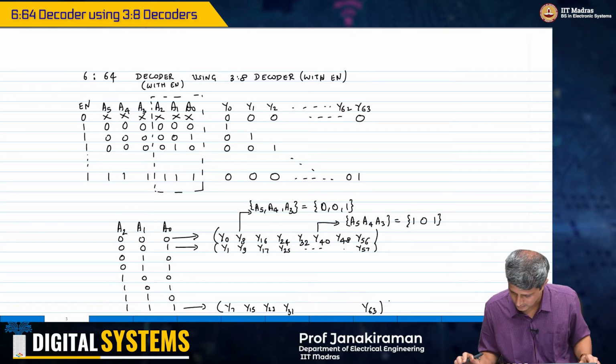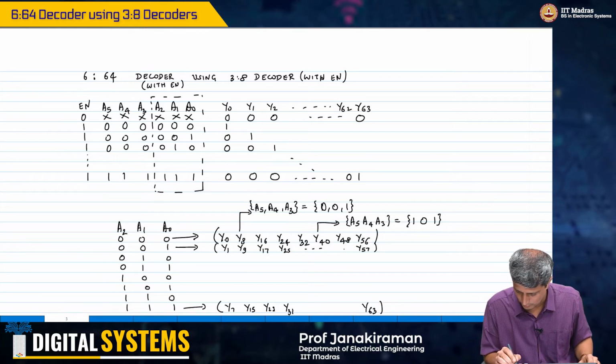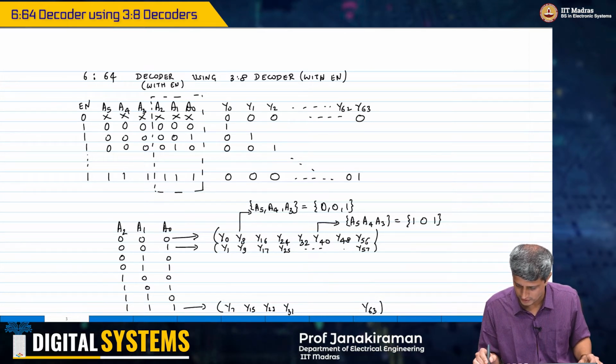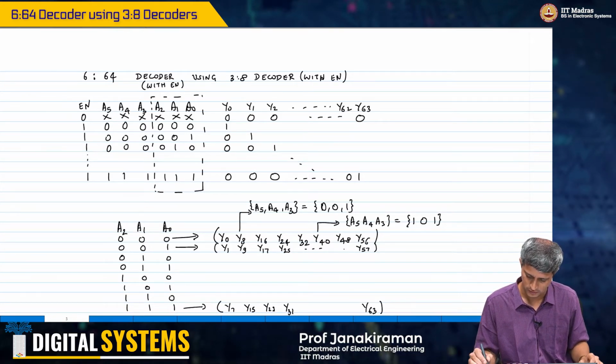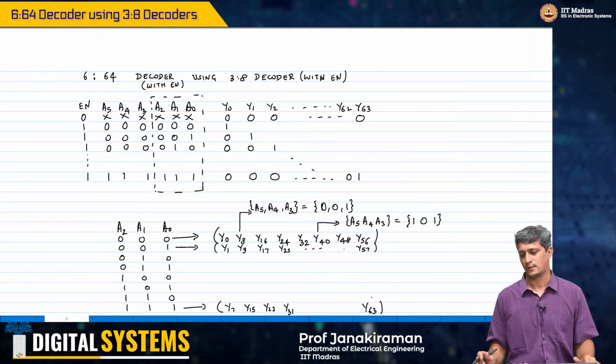Is that right? Y0, Y8, Y16, 56. Okay. 0 plus 7, 56 plus 7, 63. Yes. Okay.